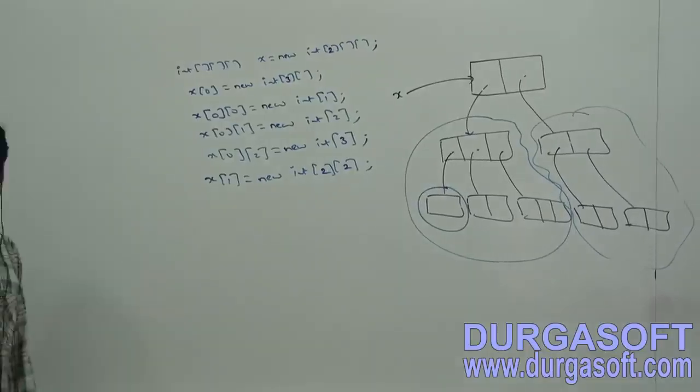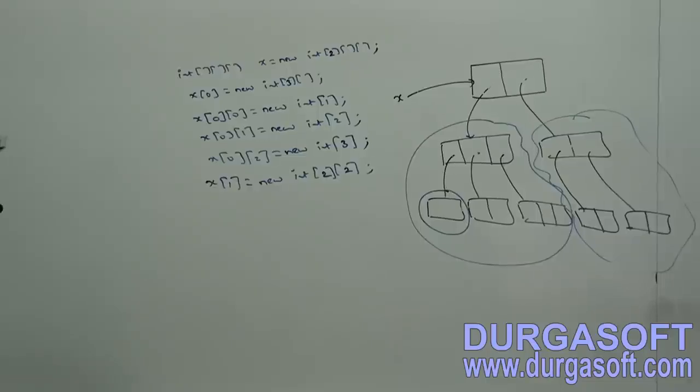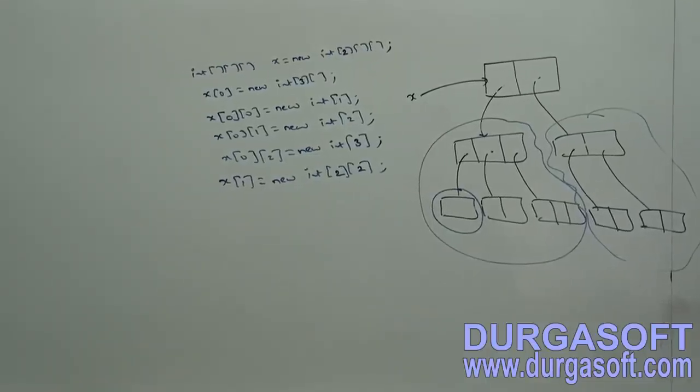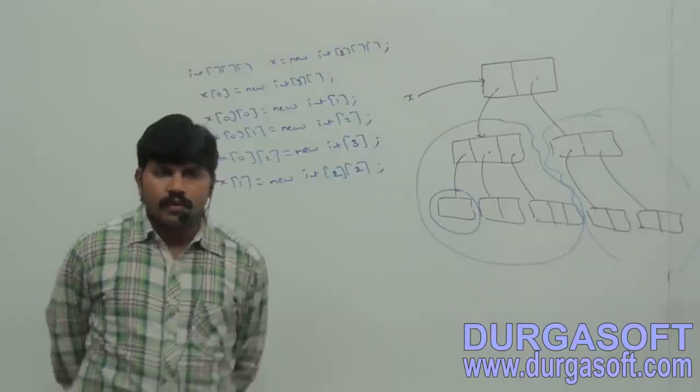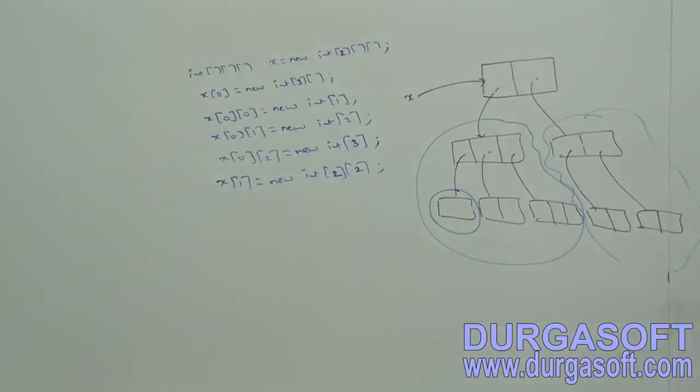Now, how to create a 2-dimensional array with variable sizes. Take clearly.